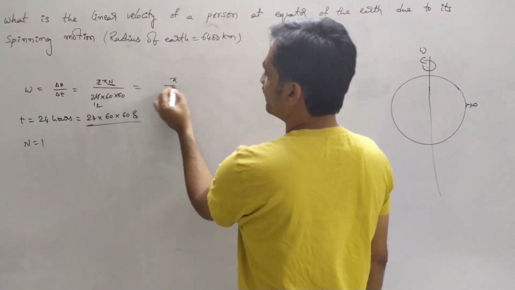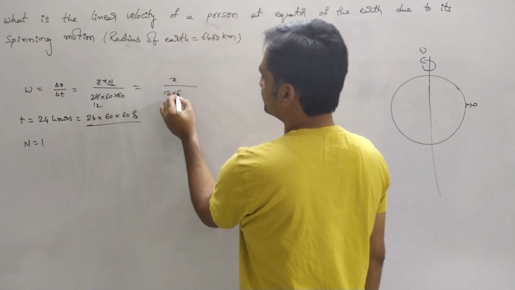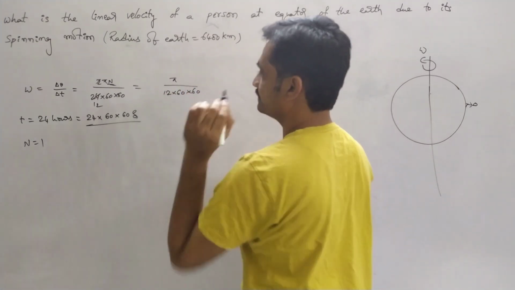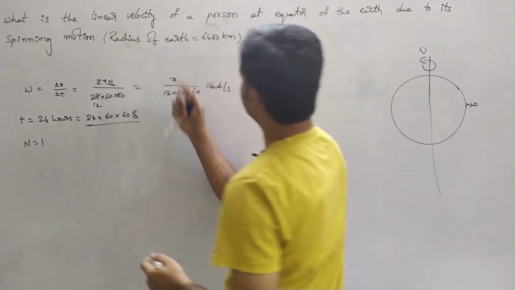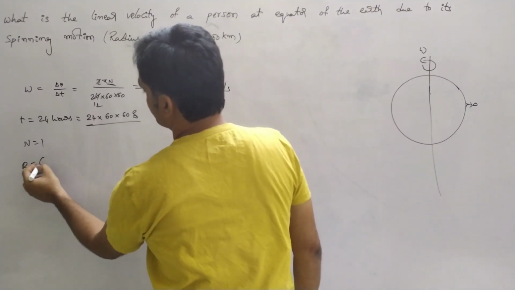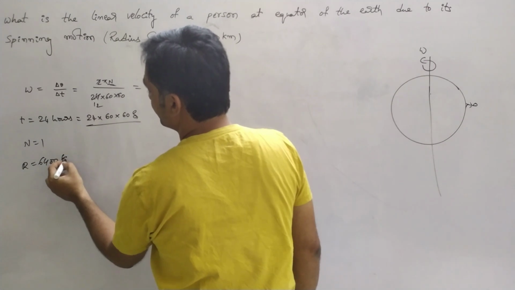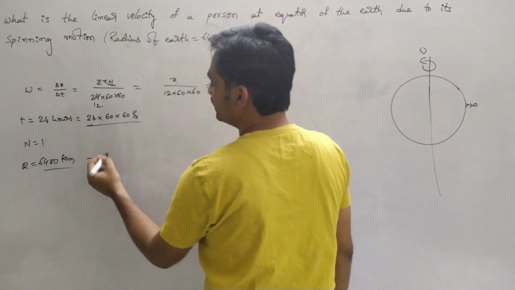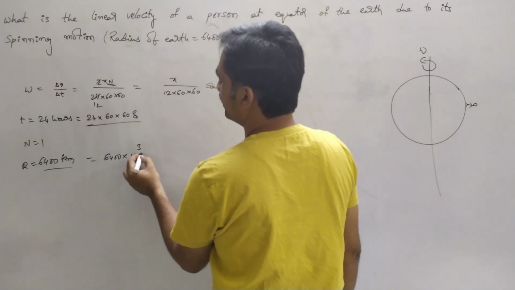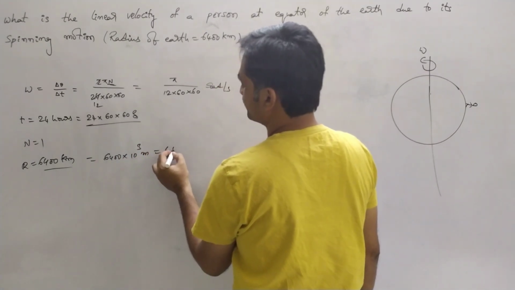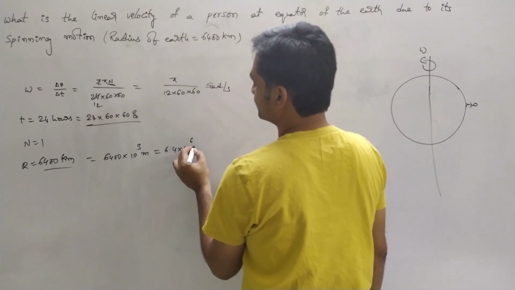Then we have pi by 12 into 60 into 60 radian per second, whereas the radius of the earth is r equals 6400 kilometers. As we convert it into meters, we have 6400 into 10 to the power of 3 meter, or we can represent it as 6.4 into 10 to the power of 6 meters.